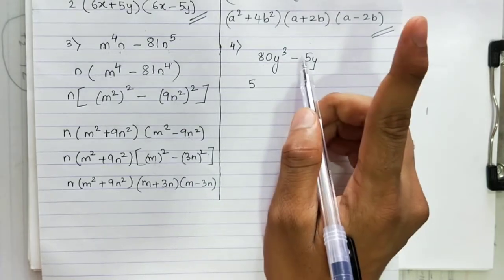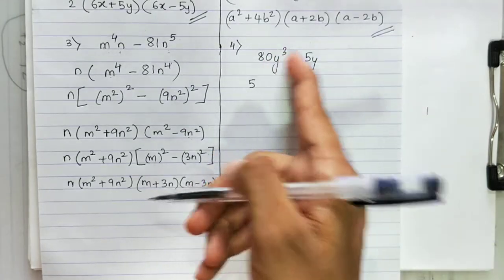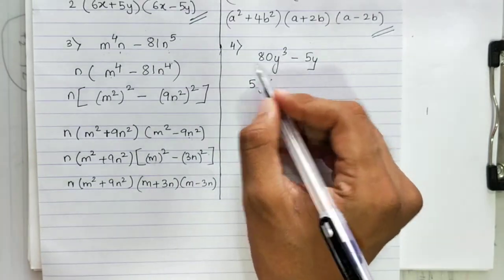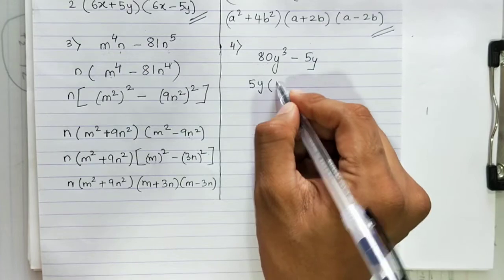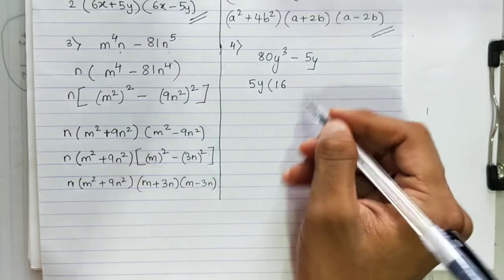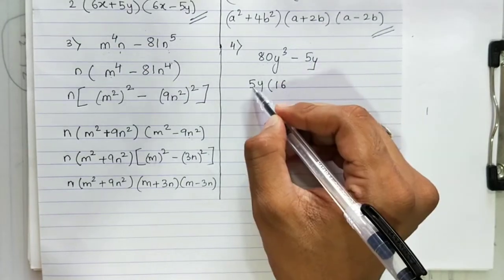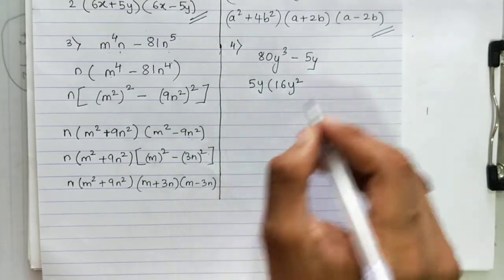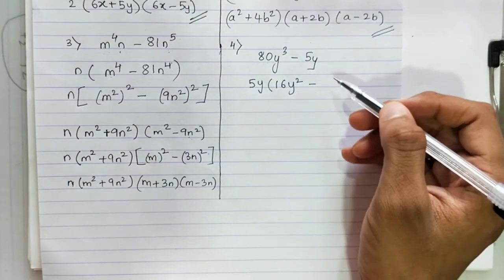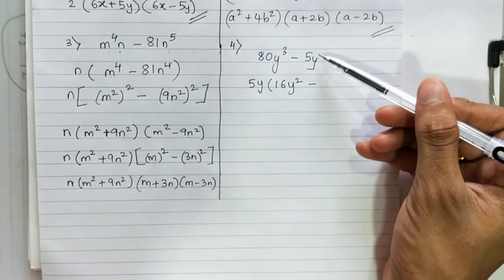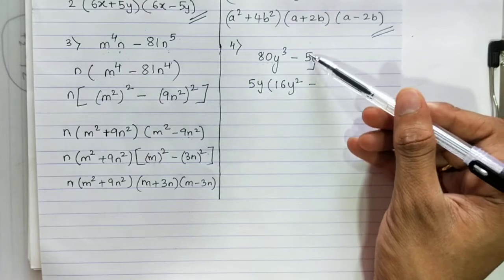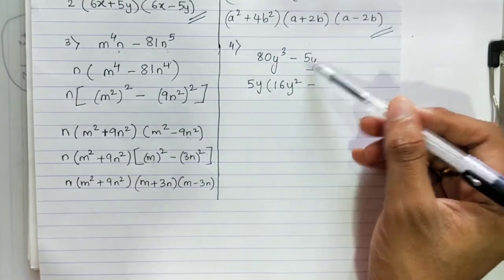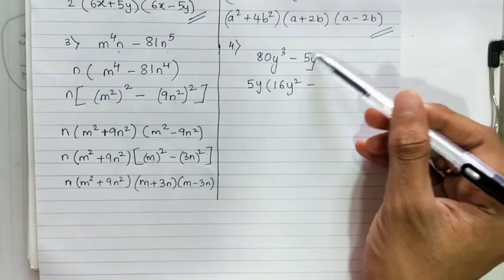So I can take 1y common, because there is y cube and there is y. So I'll take 1y common. So when I take 5 common from 80, 80 divided by 5 is 16. From this y cube, 1y is gone. So what remains is y square minus. Now pay attention that from this 5y, 5 is taken common, y is also taken common. Means full 5y is taken common, nothing is remaining here.